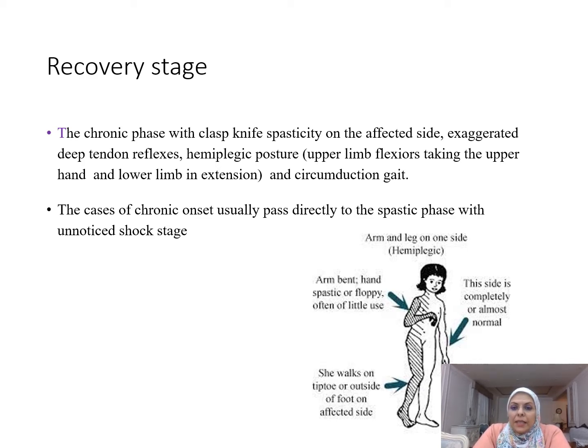The third sign will be the exaggerated deep tendon reflexes, and the absent superficial reflexes. Sometimes we also have urgency. These five signs show that I have a pyramidal upper motor neuron problem. Again, spasticity, weakness of pyramidal distribution, exaggerated deep tendon reflexes, absent superficial reflexes, and urgency if the sphincters are affected.